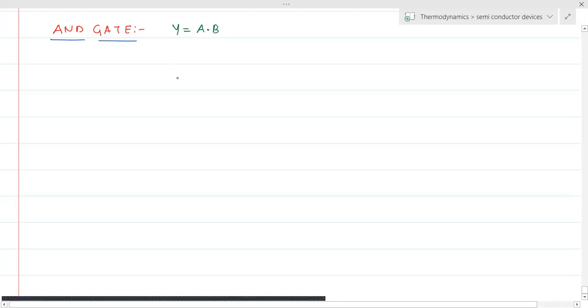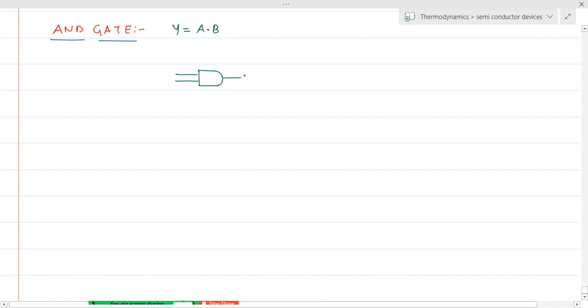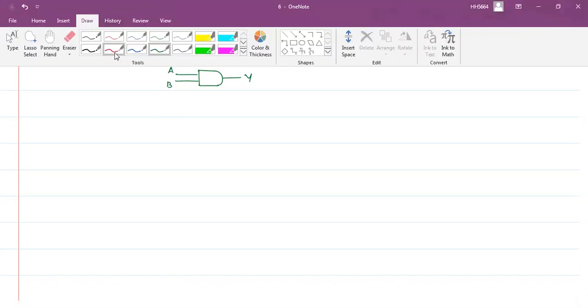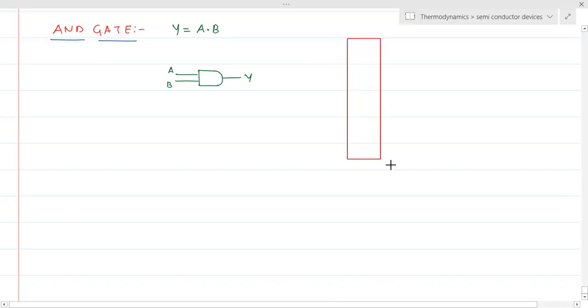Its typical diagram is like this: this is y, this is a, and this is b. A and b are the inputs and y is the output.